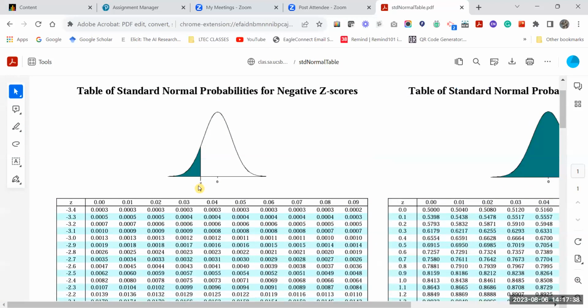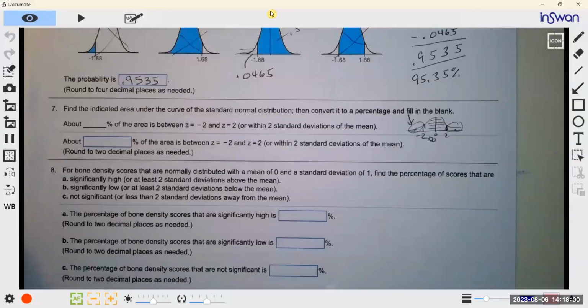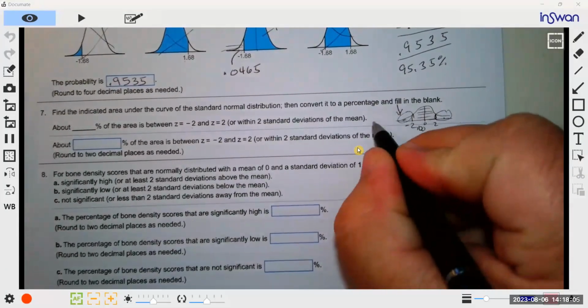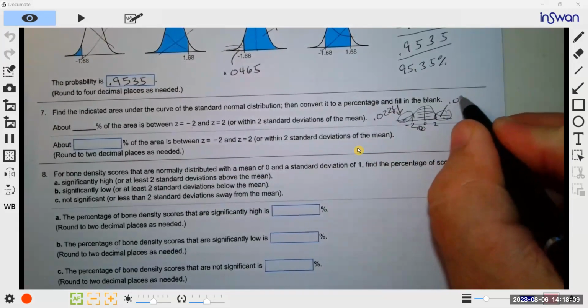Okay, so our z value is 2.00, which is this number right there. It's 0.0228. So that area is 0.0228, which means this area is 0.0228.